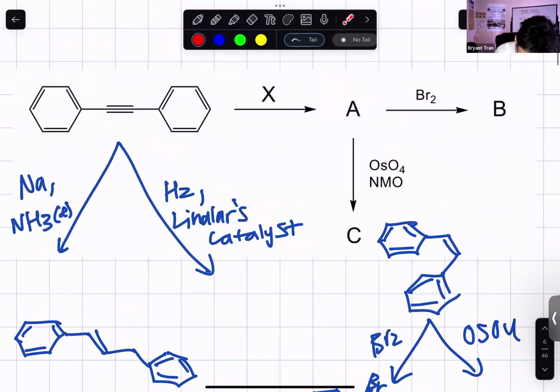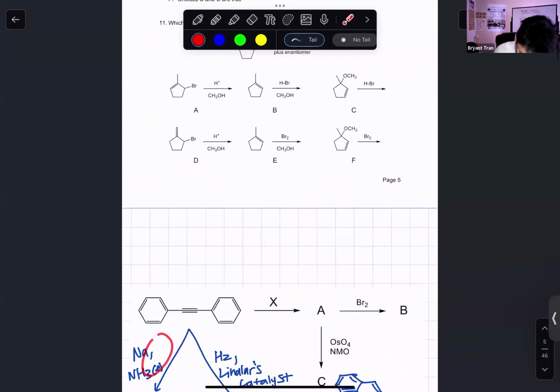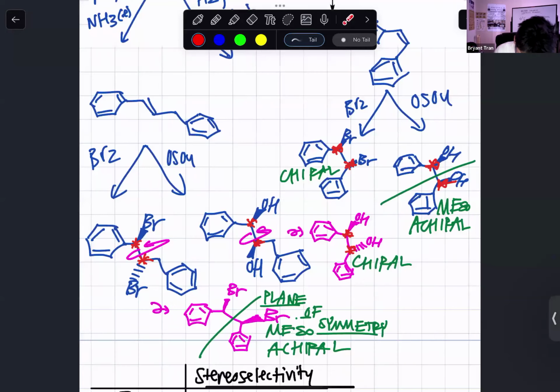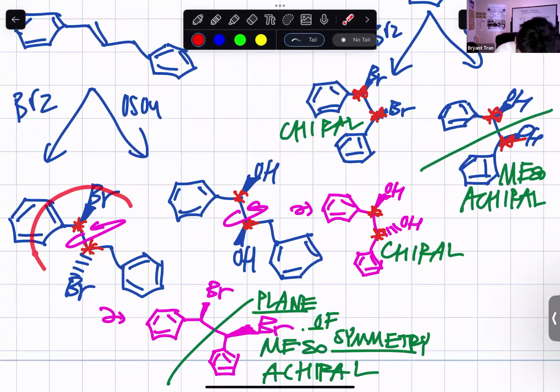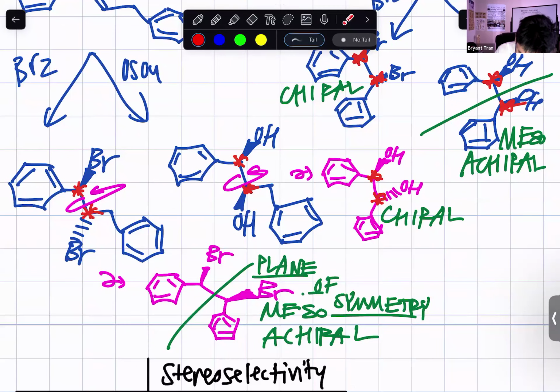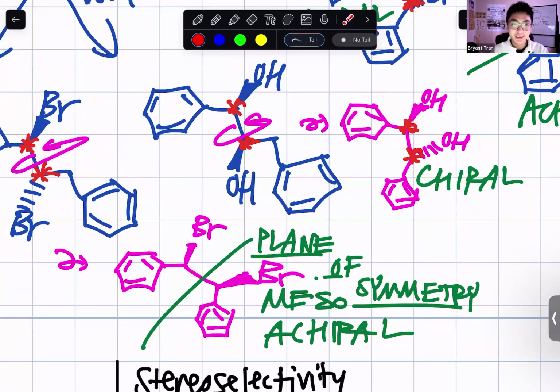Let's see. They're saying B, the one with Br2, is a racemic mixture. That one is false because this is achiral, so we cannot have enantiomers.